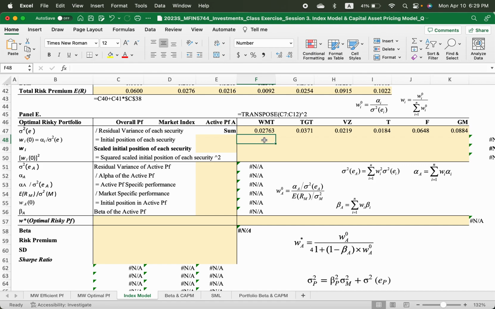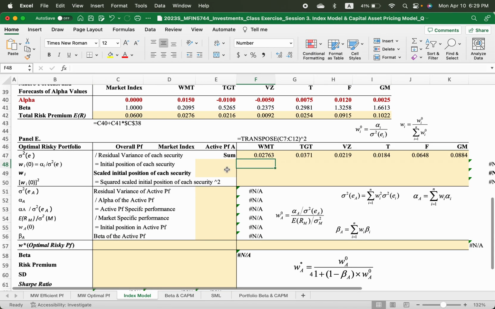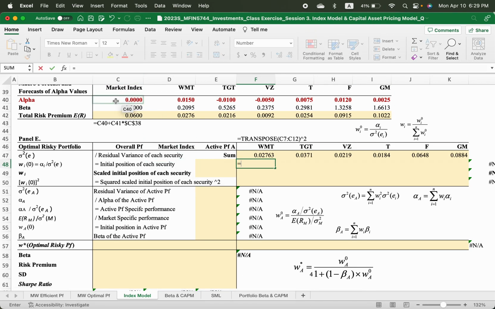Where is the alpha? Now the alpha of the Walmart divided by, right, now there you go. So once we got this, 0.54 is not the weight. It's not the weight.